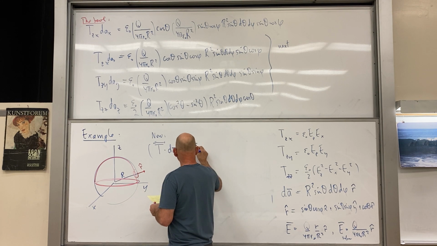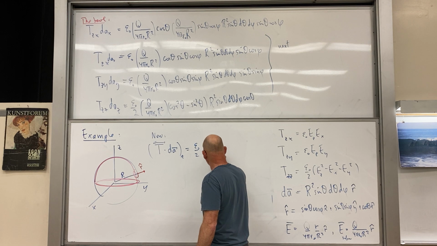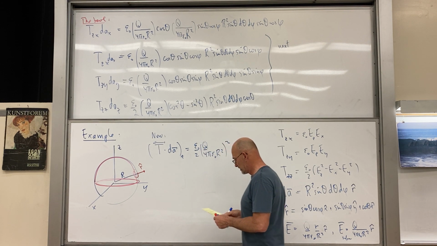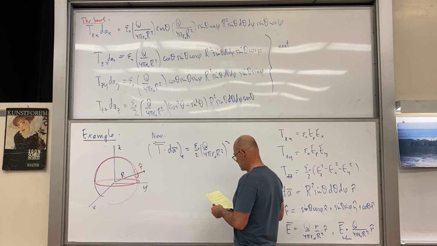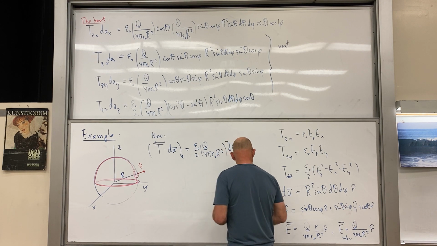So epsilon naught over 2, Q over 4 pi epsilon naught r squared, squared. We have, gonna have to erase this.